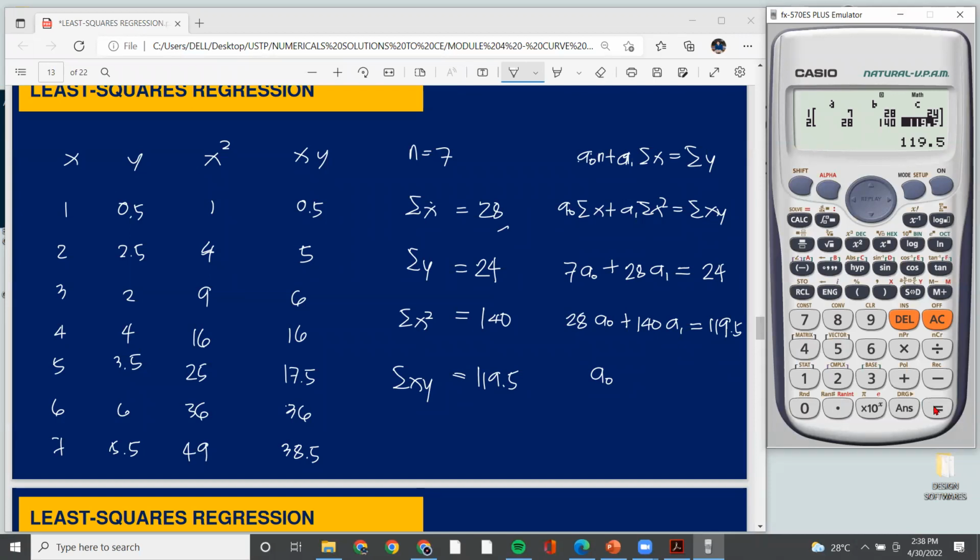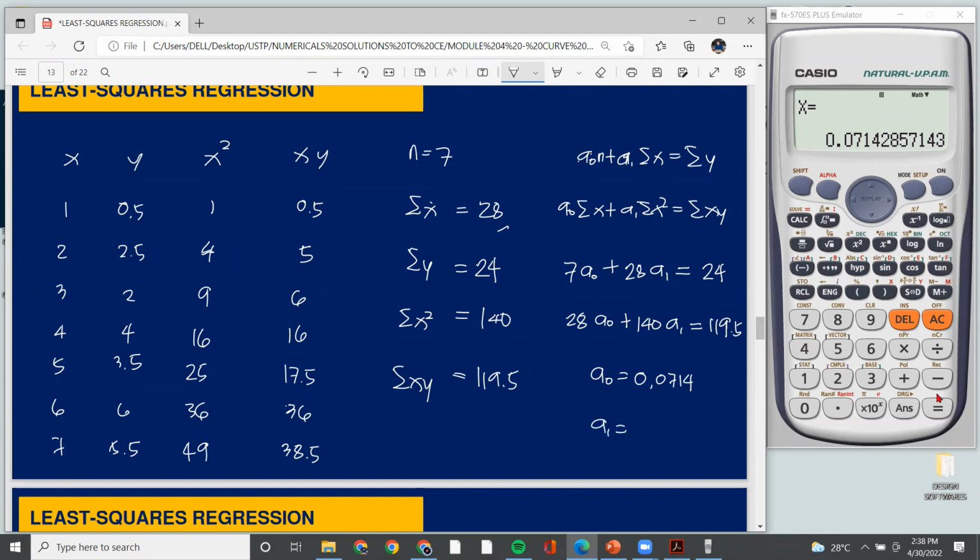Okay, so A sub 0 is equal to 0.0714, and A sub 1 is equal to 0.8393.